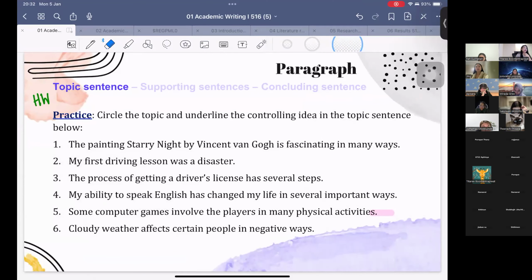Let's take this as in-class homework and try to do it, and we will go through it together tomorrow in class. Just highlight the topic. What would be the topic? What would be the controlling idea based on these 6 topic sentences? Just that. Easy and simple.